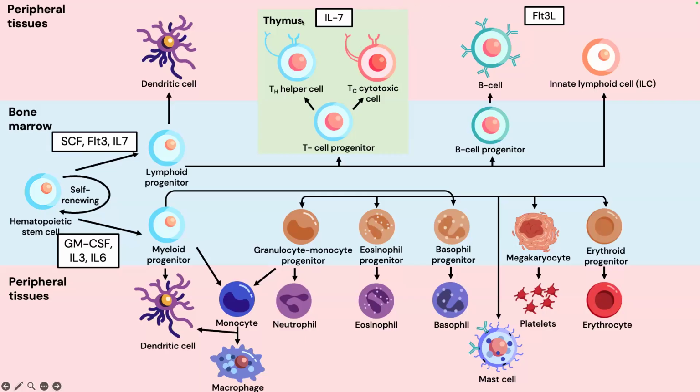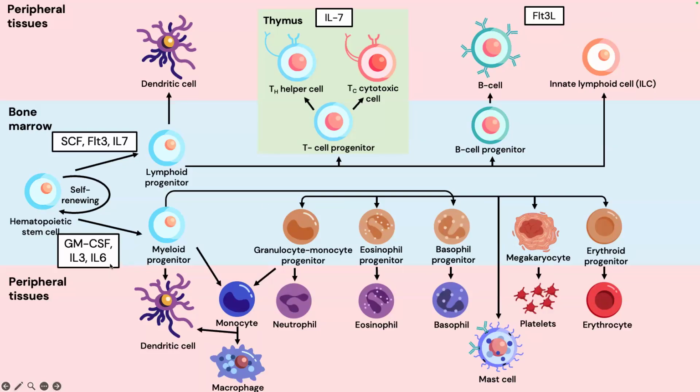IL-7 is essential for the development and proliferation of lymphoid progenitors, particularly the early B and T cells, and it can be found in the thymus. FLT3 ligand, or FLT3L, also plays a significant role in supporting differentiation of early B cells as well as ILCs, or innate lymphoid cells. We also have GM-CSF.